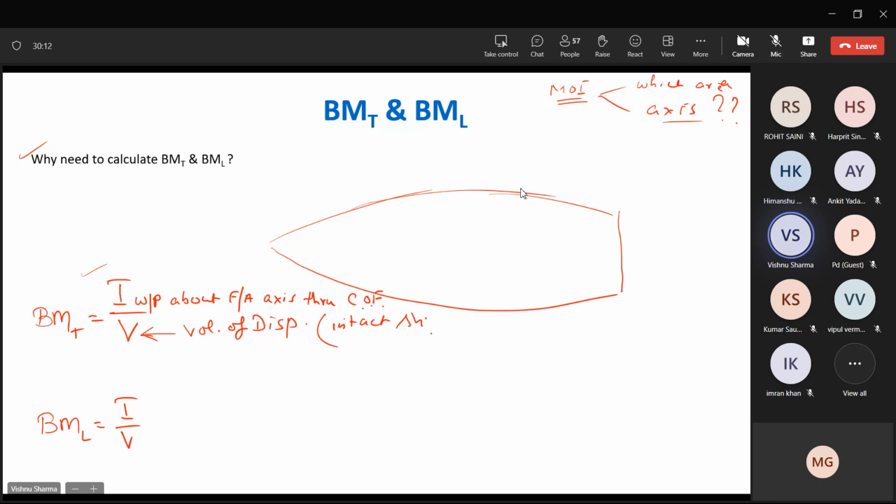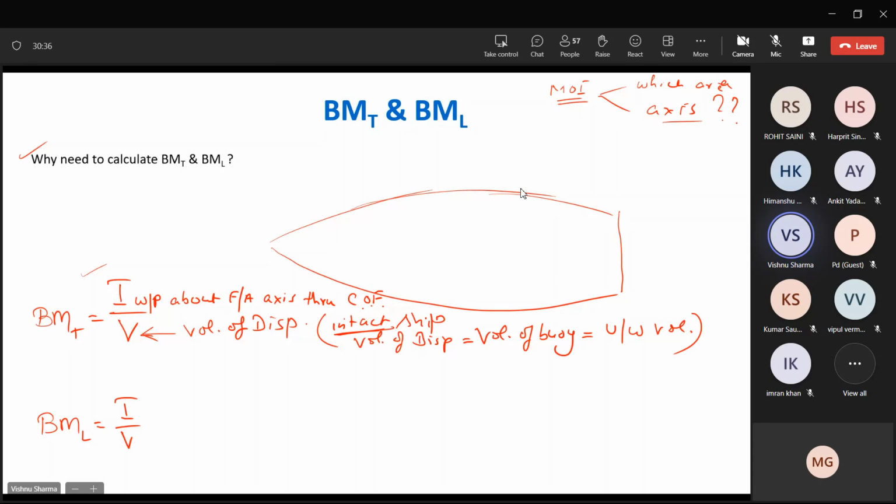In a damaged ship, the situation will be different. In an intact ship, volume of displacement, also called as volume of buoyancy, they are all similar terms, and they are both equal to underwater volume if the vessel is intact. If the vessel is damaged, it shall not be so.